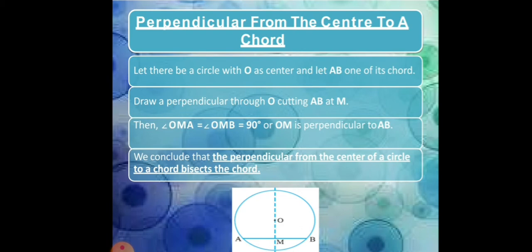Draw a perpendicular through O, cutting AB at M. Then angle OMA is equal to angle OMB, both are equal to 90 degrees, or OM is perpendicular to AB, or you can say that the length of AM is equal to MB. We conclude that the perpendicular from the center of a circle to a chord bisects the chord.